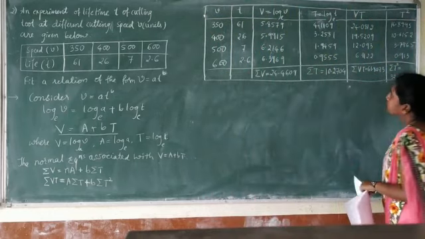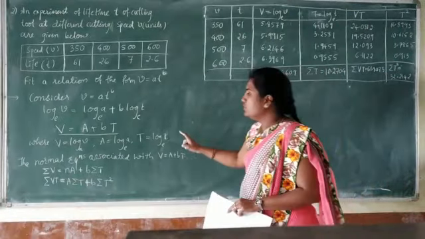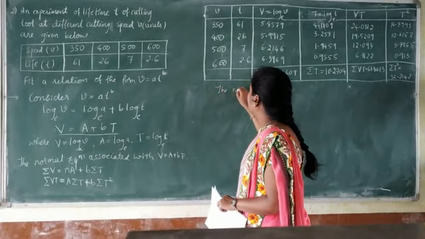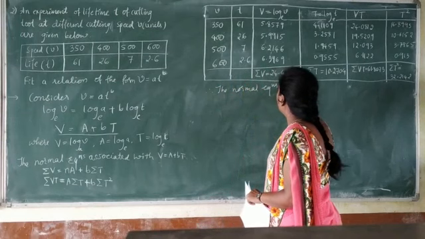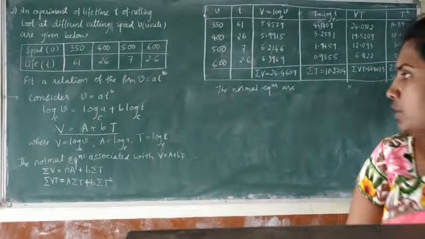Table is most important. Next, now we go on substituting these values in the normal equation. Therefore, the normal equations are. Go on substituting the values.